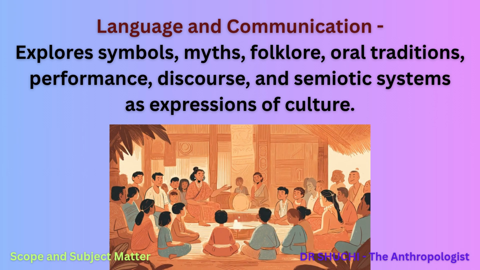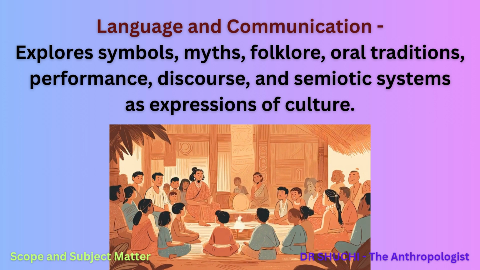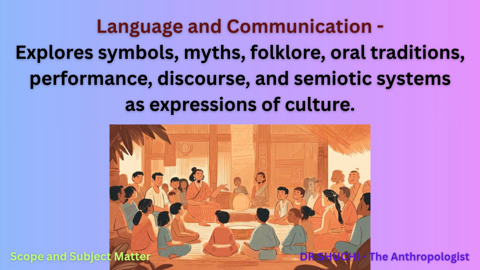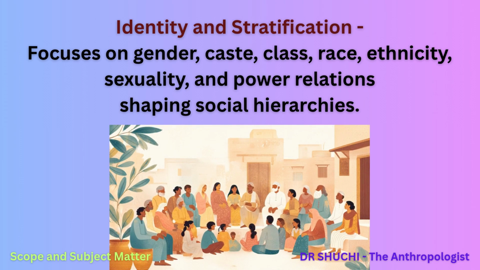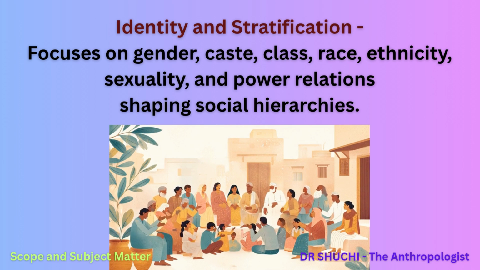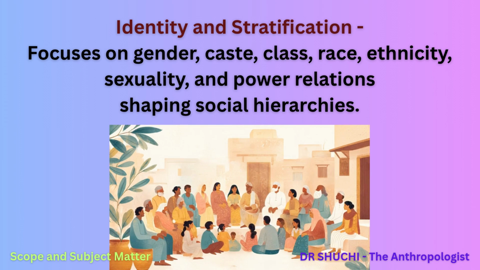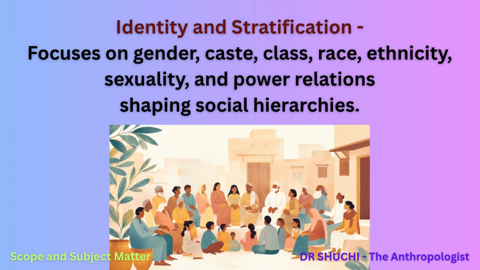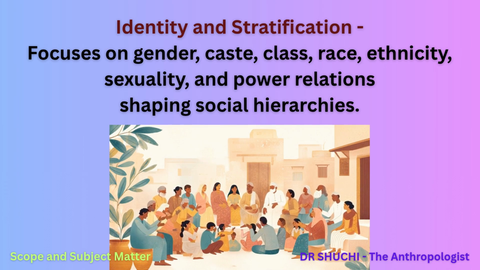Language and communication explores symbols, myths, folklore, oral traditions, performance, discourse, and semiotic systems as expressions of culture. Identity and stratification focuses on gender, caste, class, race, ethnicity, sexuality, and power relations shaping social hierarchies.